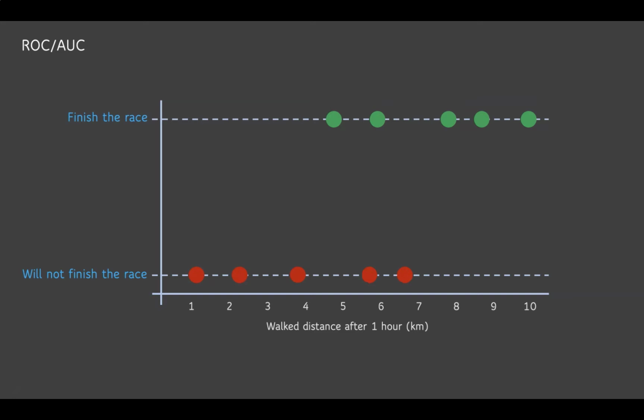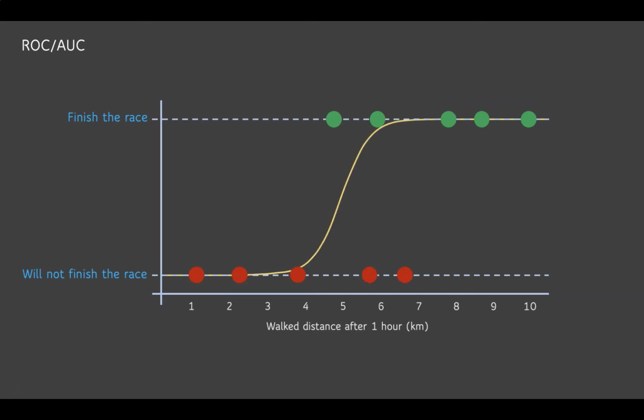We can see that the green data points map those who actually finished the race and the red data points map those who actually did not finish the race. These data points are not predictions, they are actual values in this context. Again, the walk distance in kilometers is plotted on the x-axis.